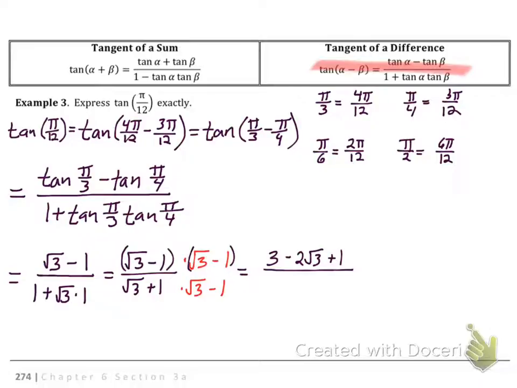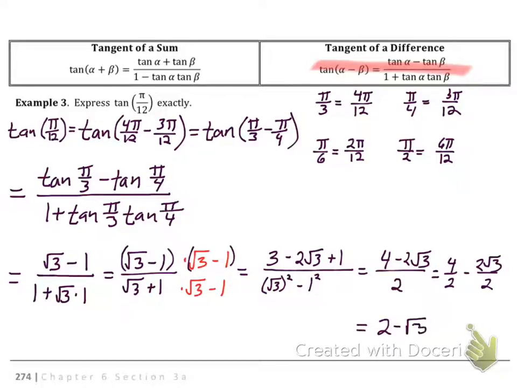So that's going to be square root of 3 squared minus 1 squared, which simplifies to 3 minus 1, which is 2. On top we have 3 plus 1 is 4 minus 2 square root of 3. That's going to simplify further to 4 over 2 minus 2 square root of 3 over 2, which is just going to equal 2 minus square root of 3.